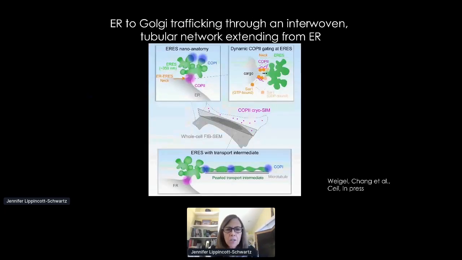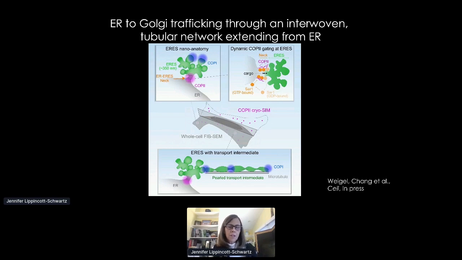So in summary, what this data has really enabled us to do is get a deeper insight into ER exit site nanoanatomy, but also into the dynamics of this system, because, as I haven't shown you, we can couple the work that I just showed you with dynamic studies, FRAP, and tracking of cargo into these structures. And what that has led us to is the following model for how machinery is localized on these ER exit sites.